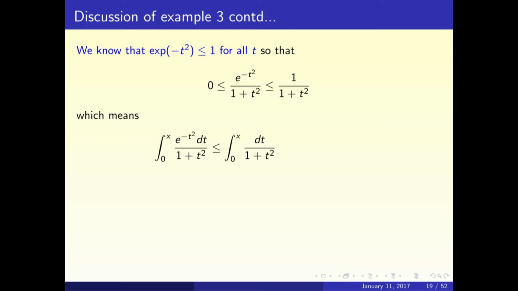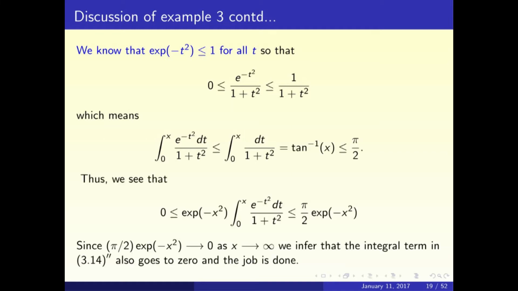So integrate, what do you get? The integral of e to the power minus t squared dt upon 1 plus t squared, which is non-negative, is less than or equal to the integral from 0 to x of dt by 1 plus t squared. Everybody can integrate the second integral, which is tan inverse of x, and everybody knows tan inverse of x is less than or equal to pi by 2.